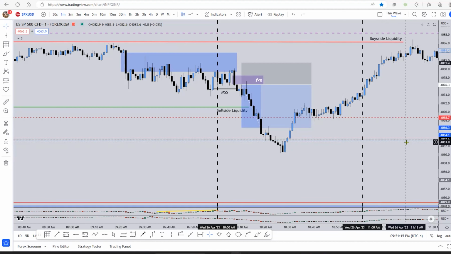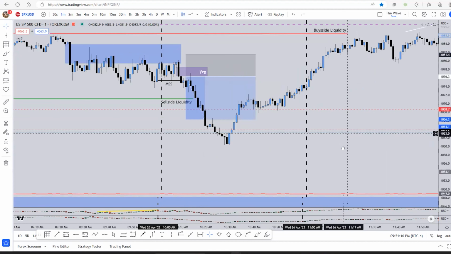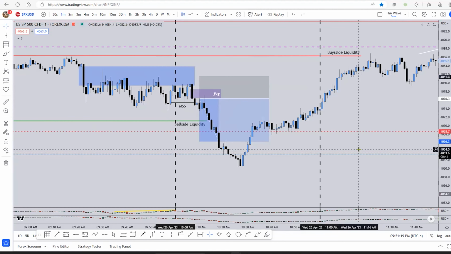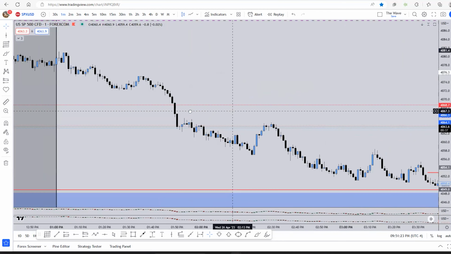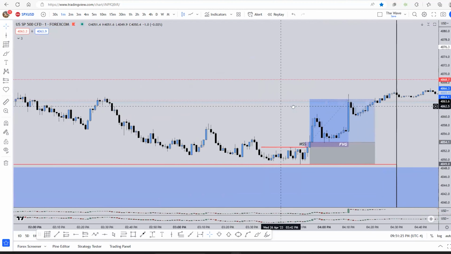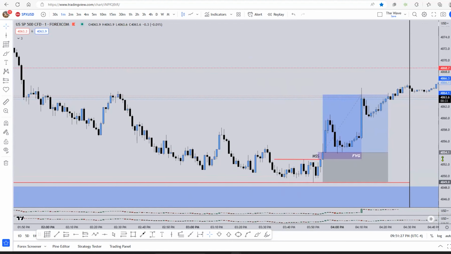There is another setup in the afternoon for the PM session. So ICT calls this the last hour of trading.